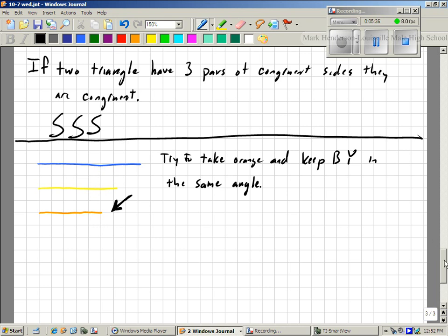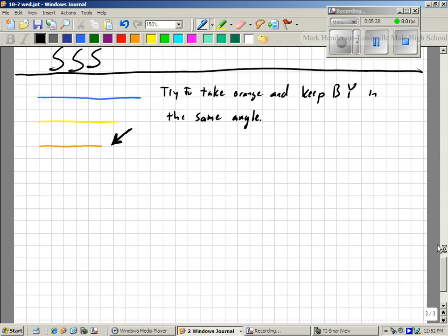So the next one that we're going to talk about is if you have a side and then an angle between them and then the next side, just like we did, we had blue, then an angle, and then yellow. What do you have to have there to make it congruent? Again, you have to have the orange. So side, angle, side works as well.